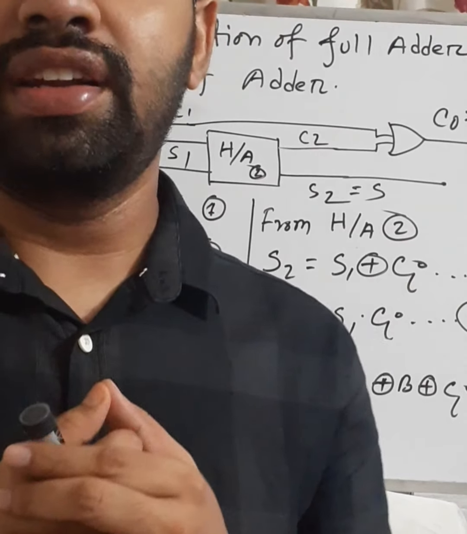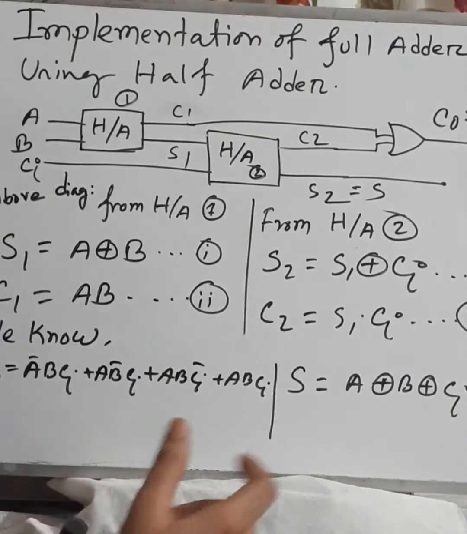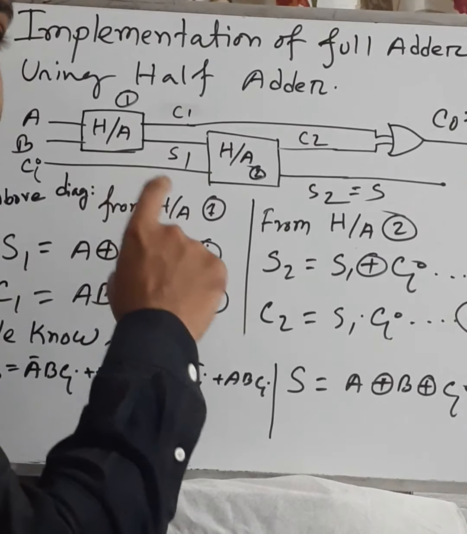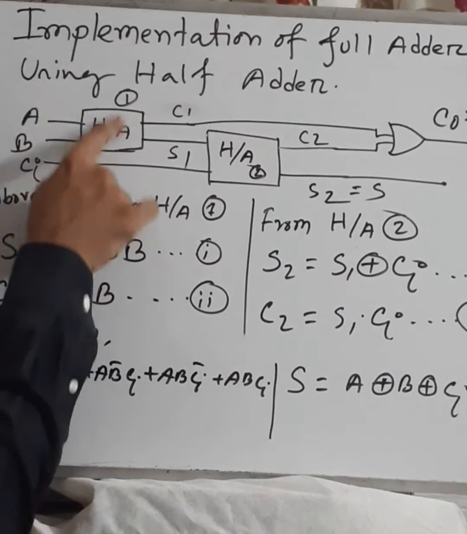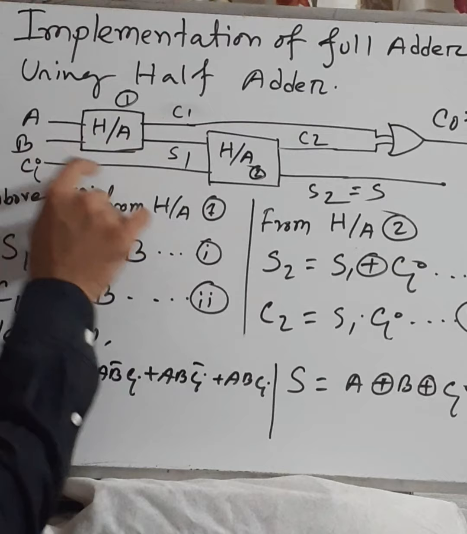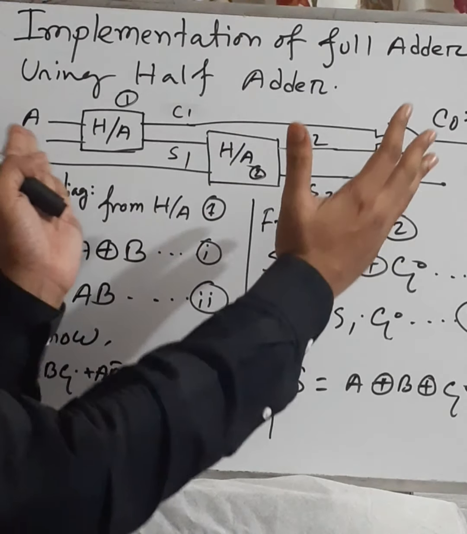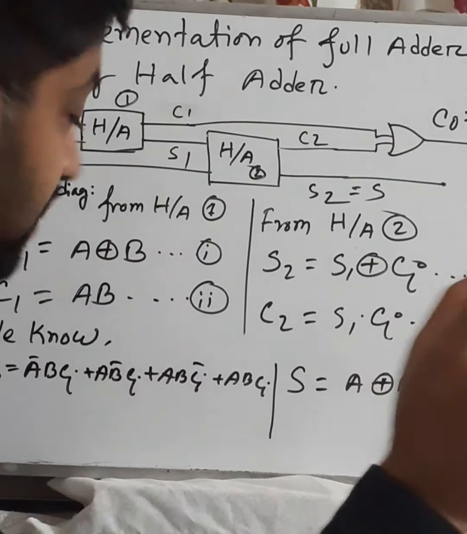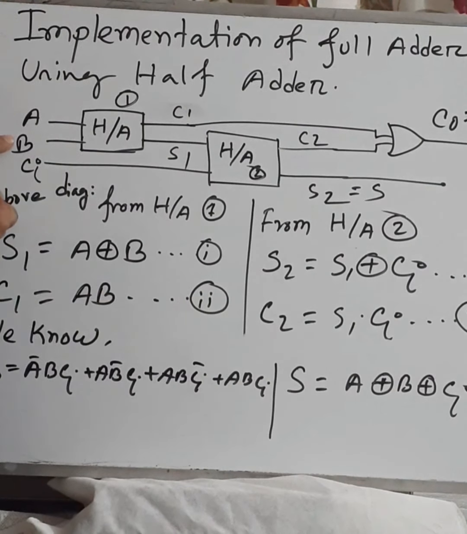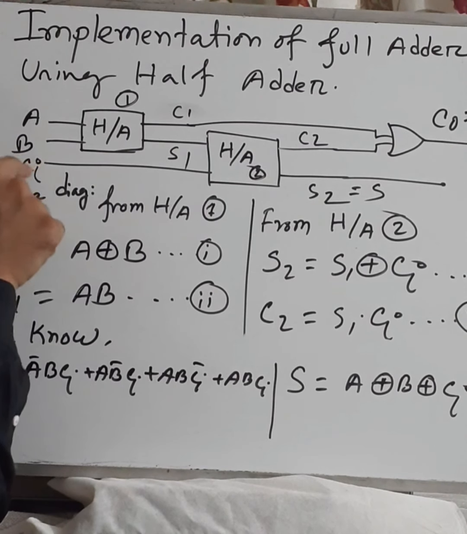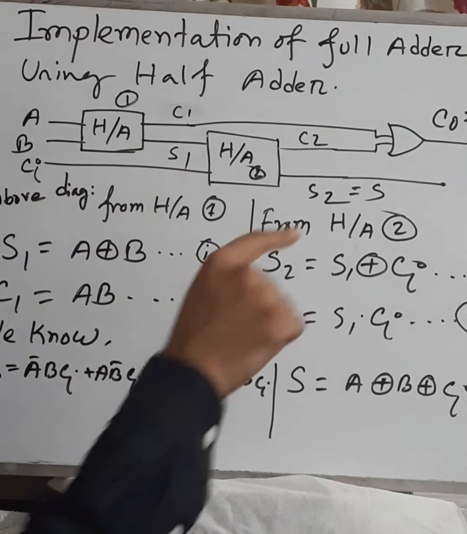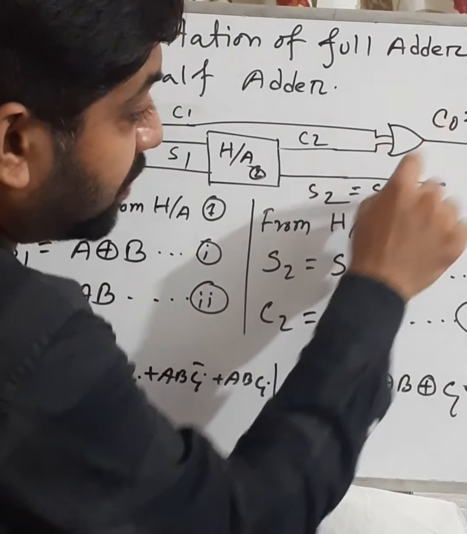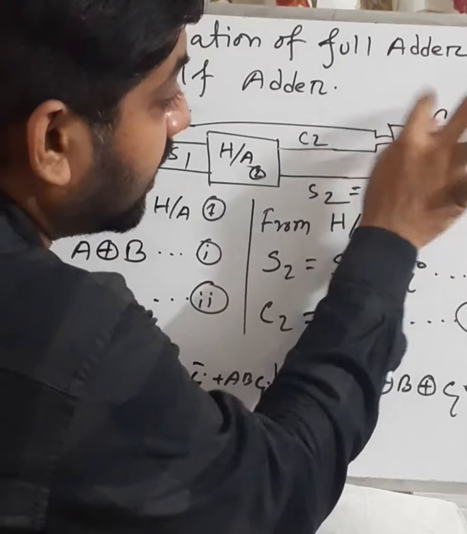You see in my diagram, this one is a half adder, this one is also a half adder, but in total these 2 diagrams show a full adder. How? A, B, and C-in, the carry input, are the 3 inputs here. Please look over here, we have 2 outputs, sum and carry.